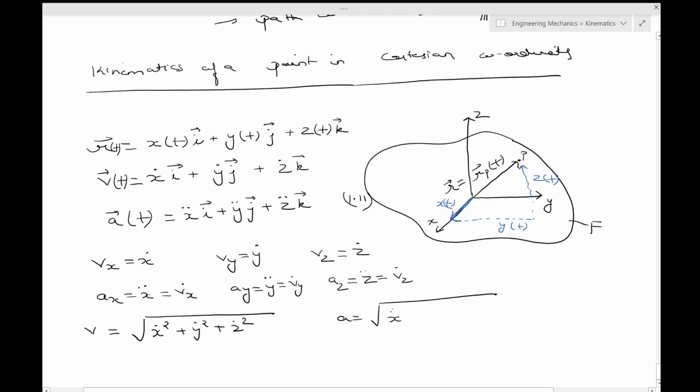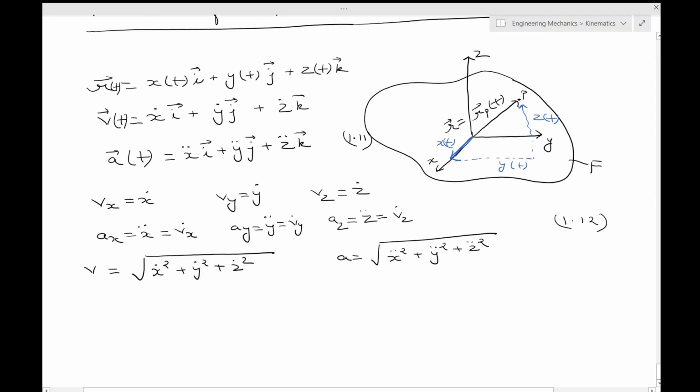So this is x double dot whole square plus y double dot whole square plus z double dot whole square. Okay, so this is equation 1.12. Okay, so this is all in Cartesian system, hence this is becoming very comfortable to understand and visualize. So that's a good thing.